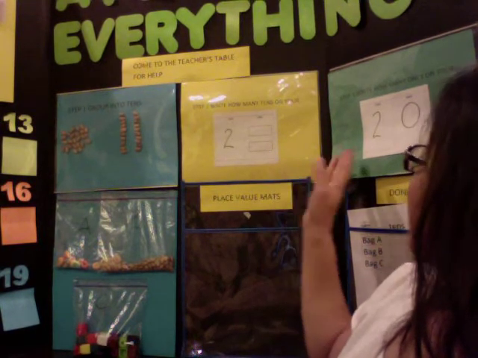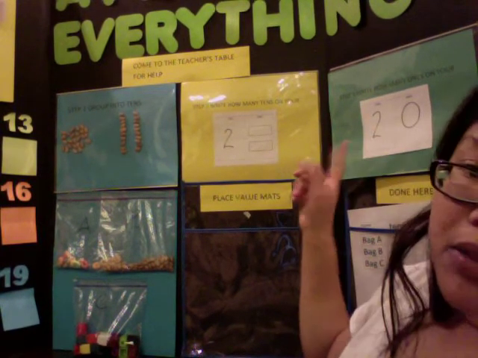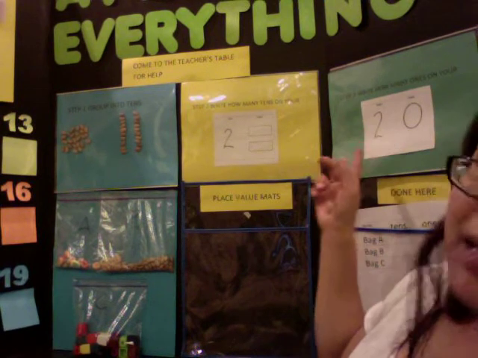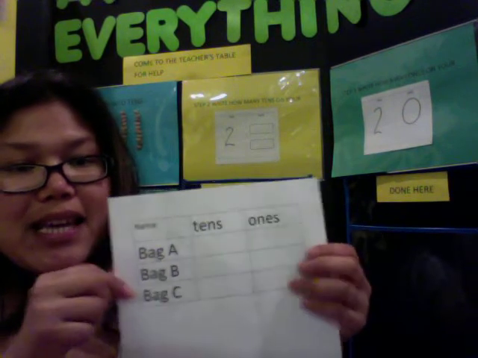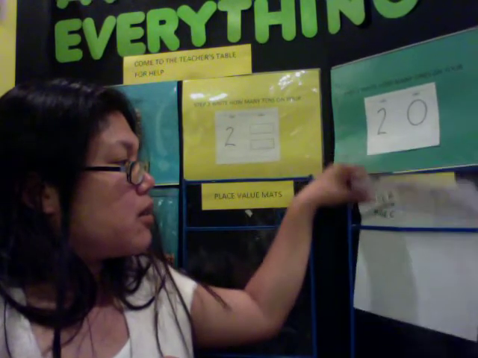And then after they complete this activity, I have a compartment right over here, and this is the recording sheet right here. Tens, ones, bag A, B, and C, and they're going to put that here where it is labeled done.